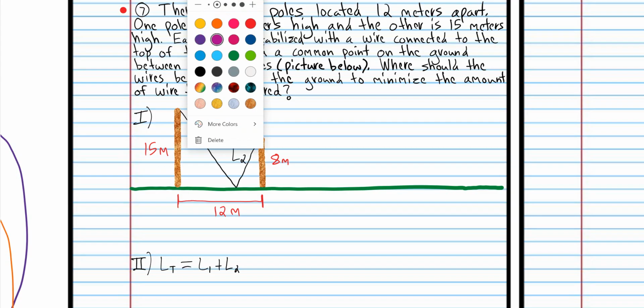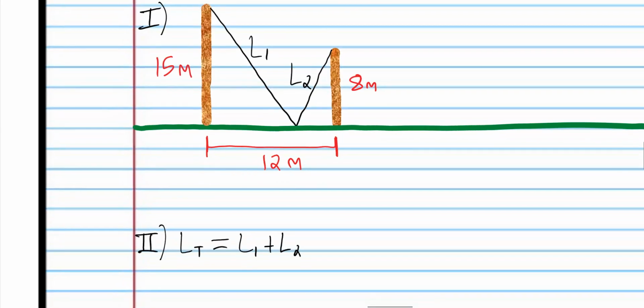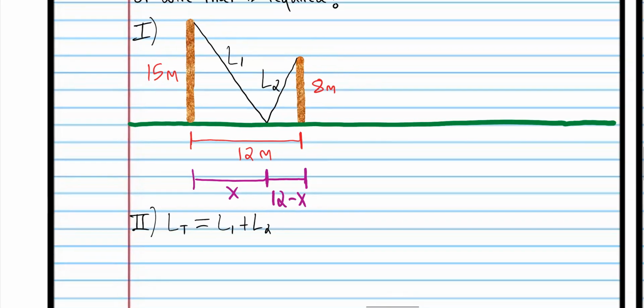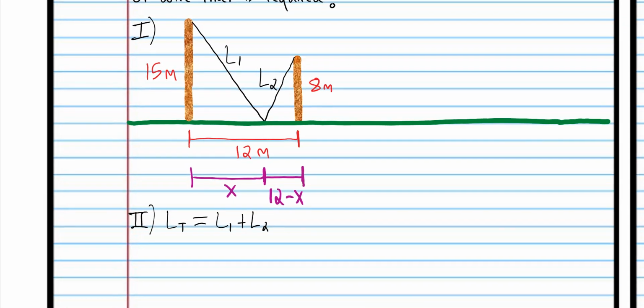I'm going to define this length from here to where the wires connect on the ground as x. And if that's x, isn't it true that this length over here would be 12 minus x? Is that correct? Obviously, this length is 12, the yellow length is 12, so 12 minus x would be the leftover blue area, right?